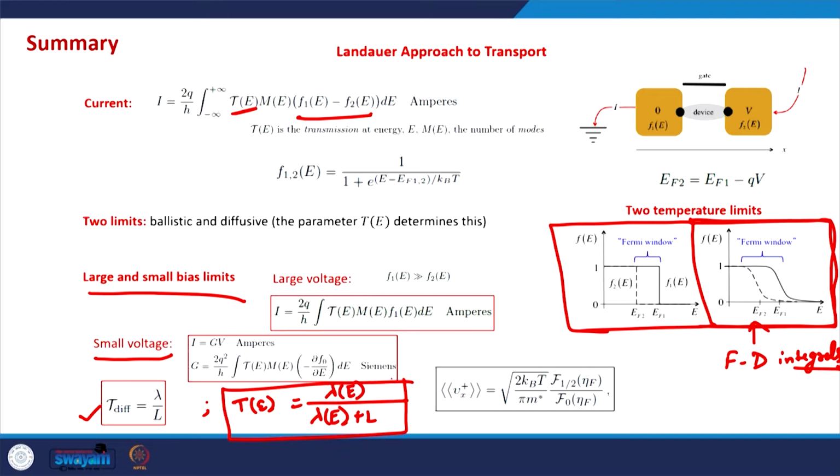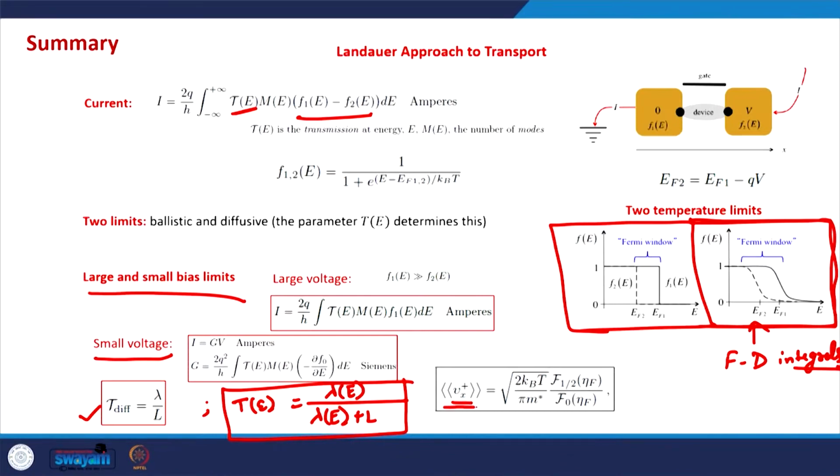In our previous class we discussed that the unidirectional thermal velocity is defined as the velocity of electrons going from the source side to the drain side, averaged over angle and over various energy states, and this is the expression of the double average.